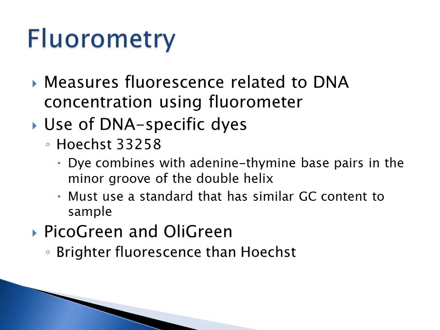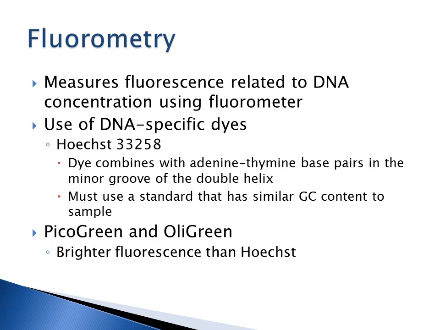So it's very specific for double-stranded DNA. You have to use a standard that has a similar GC content to the GC content in your sample. And then you could use this dye, run it on a fluorometer, and you can measure the fluorescence, which is going to be equivalent to the amount of DNA that you have.